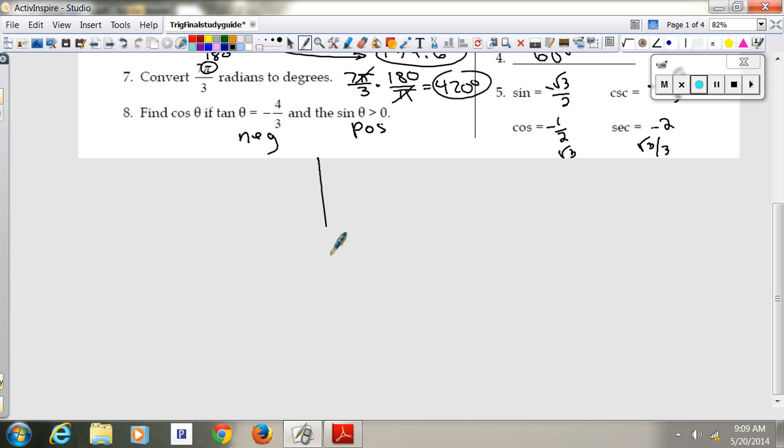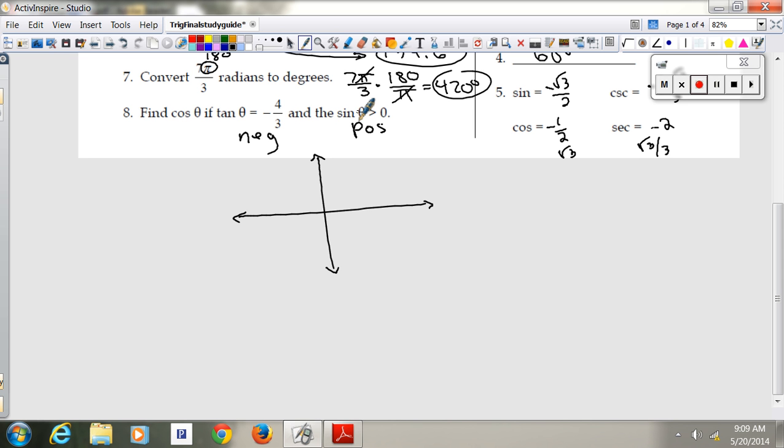Now, if you draw your x and y axis, you have to find out which quadrant the triangle is going to be located in. Which quadrant has a positive sine, or which 2 quadrants have a positive sine? 1 and 2. Okay, 1 and 2 is right, because if you remember, at the top of your chart, we should have put the y at the top.